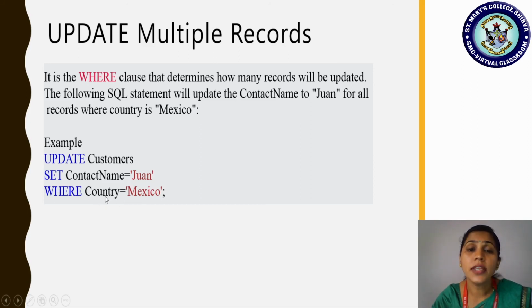In the customer table we have a column country, and whichever rows have the value Mexico, only for those, the contact name has to be updated with the new name Jan.